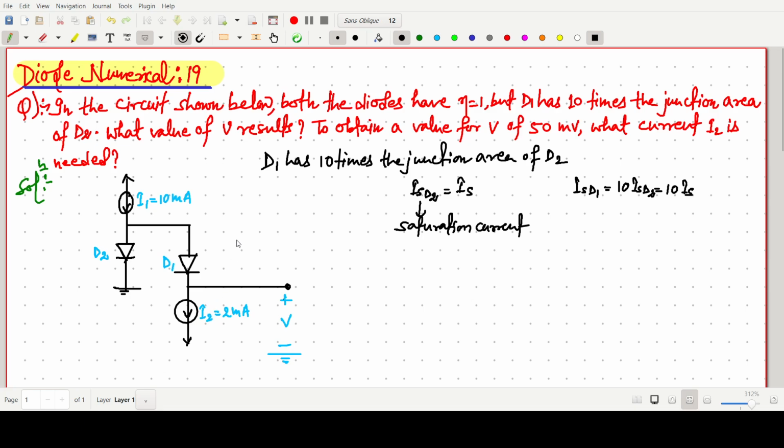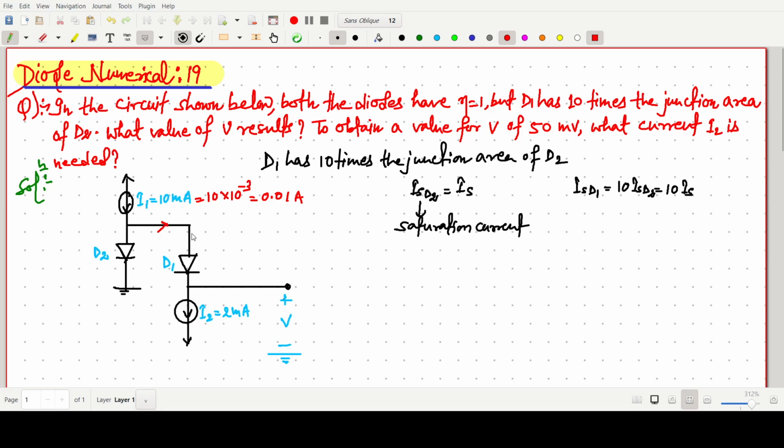Okay, so first of all, what we can do in such a problem, so I1 is 10 milliampere. So what it means? 10 milliampere means 10 into 10 to the power minus 3, means 0.01 ampere is flowing through this. So for example, I am saying this current is I2.